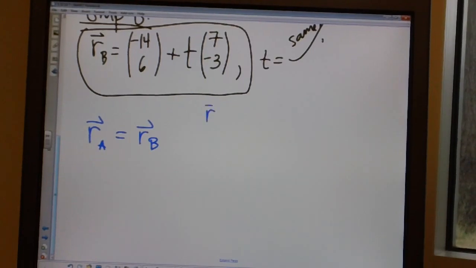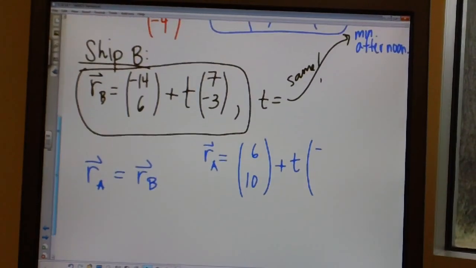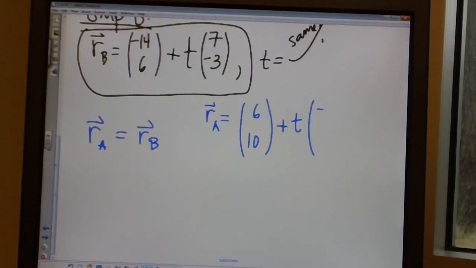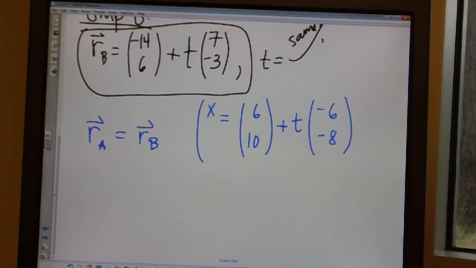So remember that if I have this vector equation of a line, <-6, -8>, I remember that this right here, I could write as the x and y displacement for ship A from the origin.